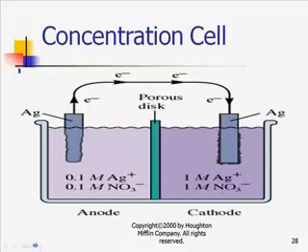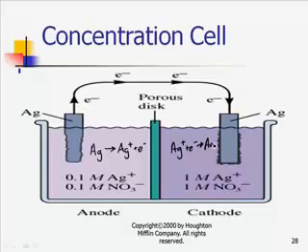Well, I need to reduce the solute in the more concentrated one and increase it in the more dilute one. So in this case, here I want to take the silver metal on the electrode and make more silver ions, and on this side I want to take silver ions from the solution and reduce them into silver metal on the electrode.